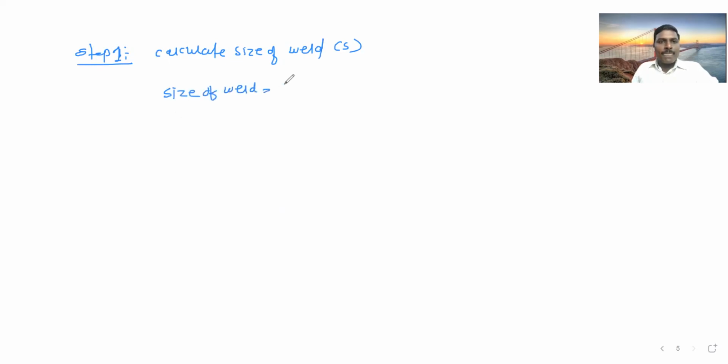So we'll go next. Now follow the steps. What is step number 1, as per the procedure? Calculate size of weld. Size of weld is nothing but capital S. I think size of weld is directly given in the problem statement. Correct? Yes, sir. So size of weld S is equal to how much? 6 mm given.